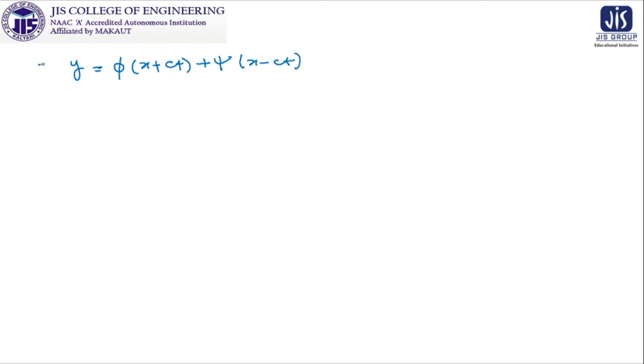If so, then we can show that del 2y del t2 is equal to c square del 2y del x2.